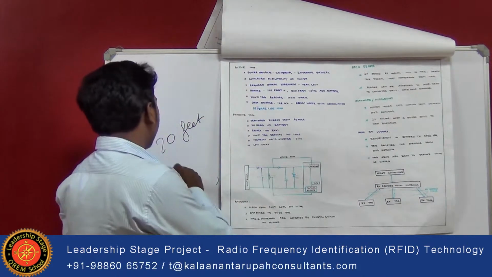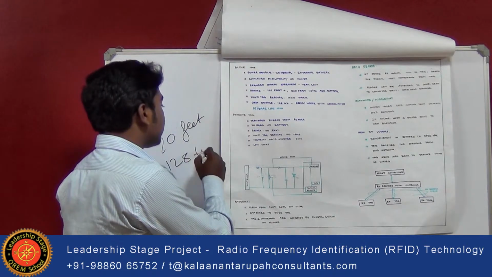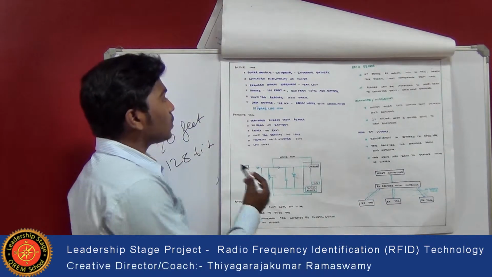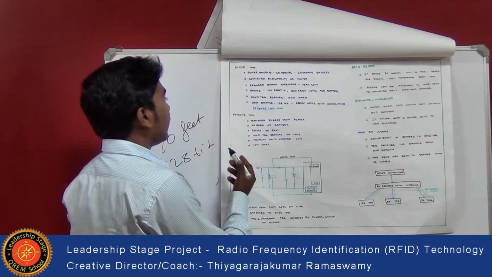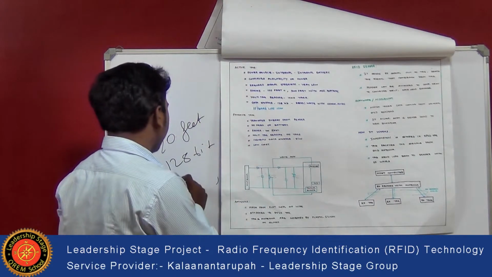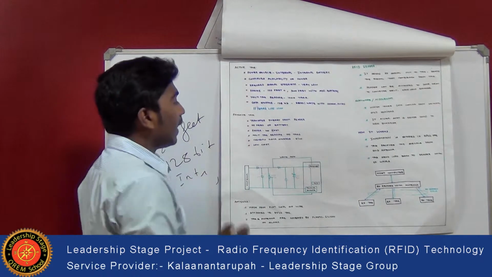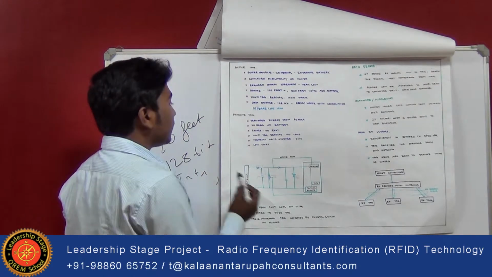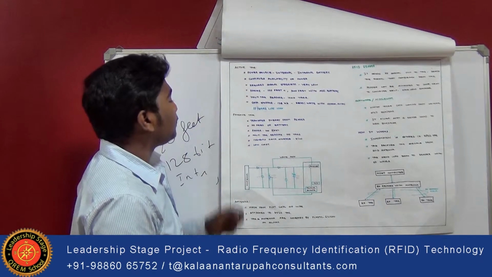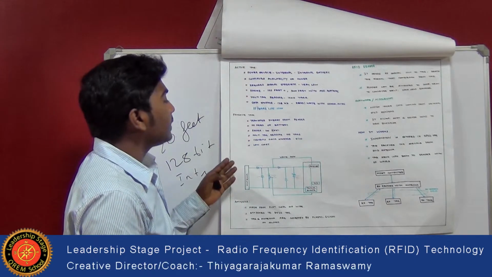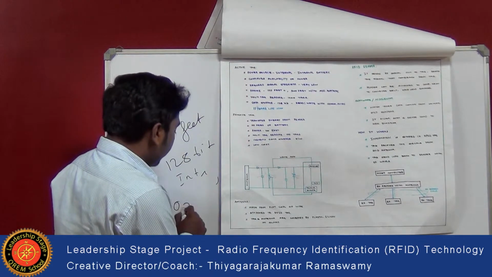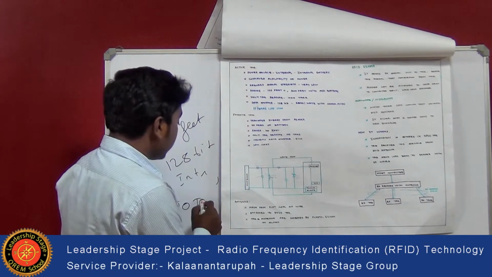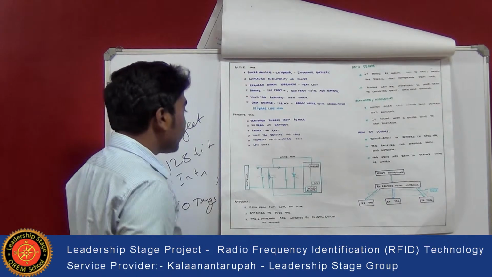It can also store data up to 128 bits. It is low cost compared to the active tag because there is no need of internal batteries, and the antennas are less. It can read up to 100 tags at a time.